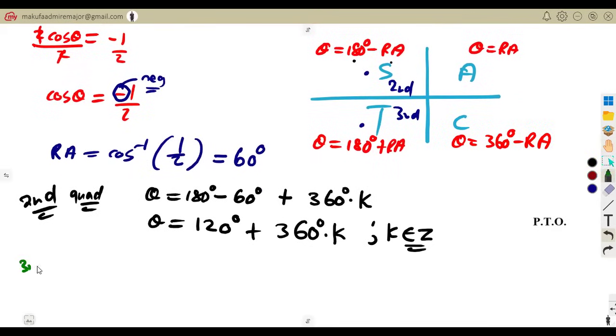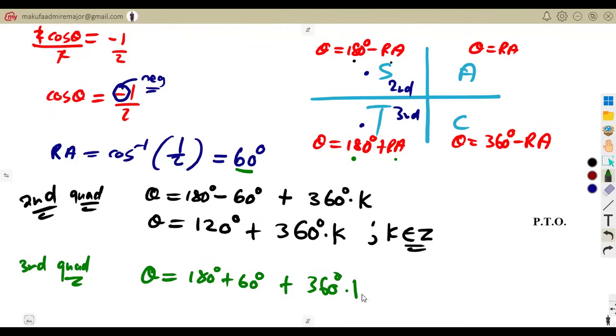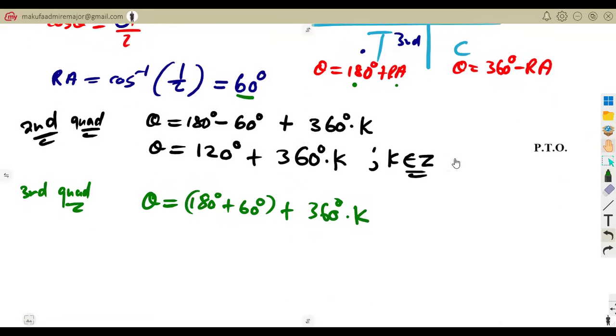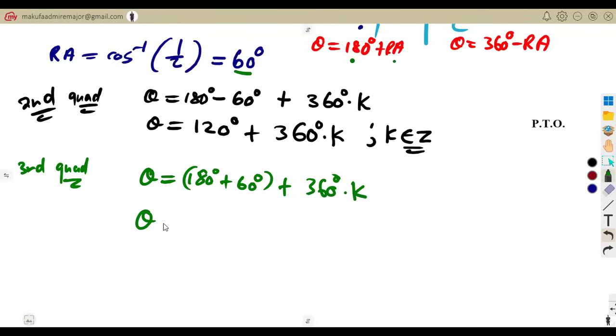All right. So let's consider in the third quadrant, our theta is going to be 180 plus the reference angle. So that's 180 degrees plus the reference angle, which is 60 degrees, plus 360 degrees times k, just like what we had before. All right, so that's it, guys. We just have to add these two. 180 plus 60 is going to give us 240.